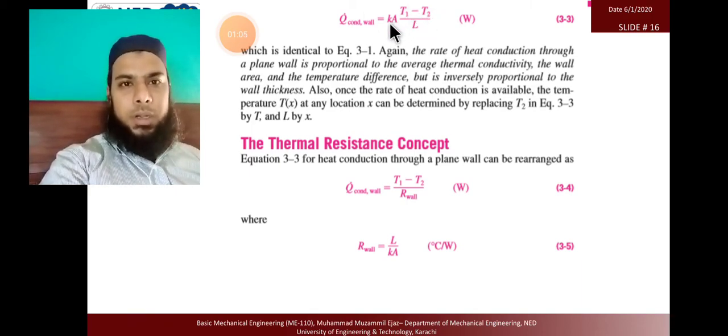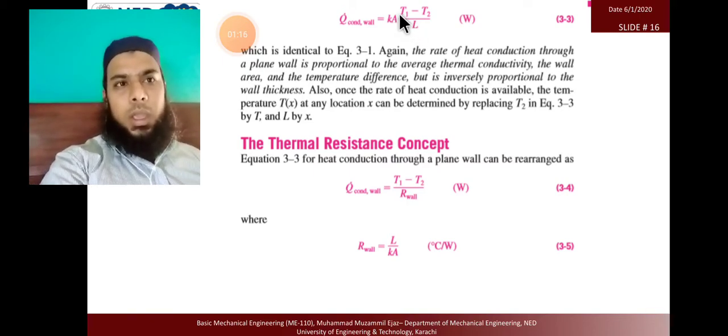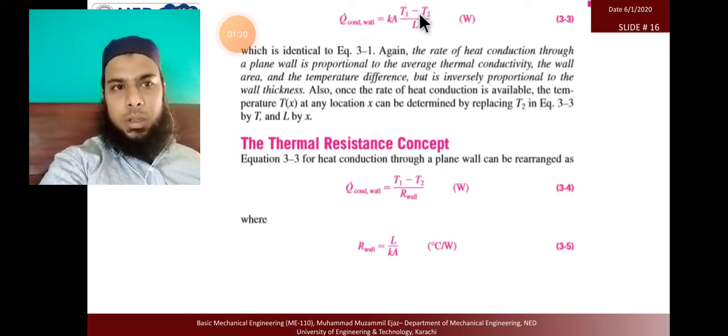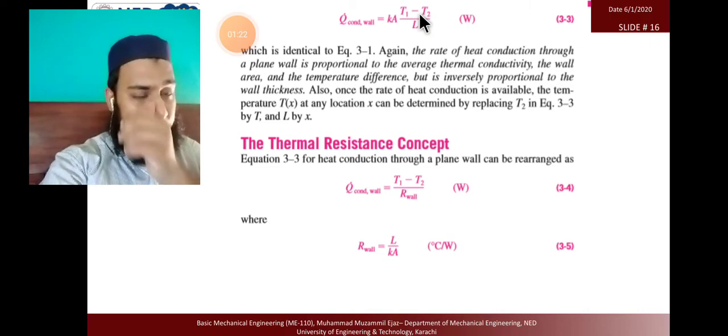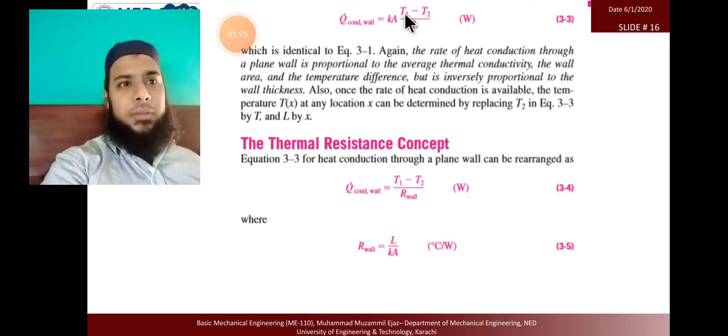The thermal conductivity of a material will always be the same, the area of the wall and surface will be the same, and the thickness of the wall will also be the same. But the temperature will change with respect to summers, winters, and different daily timings.